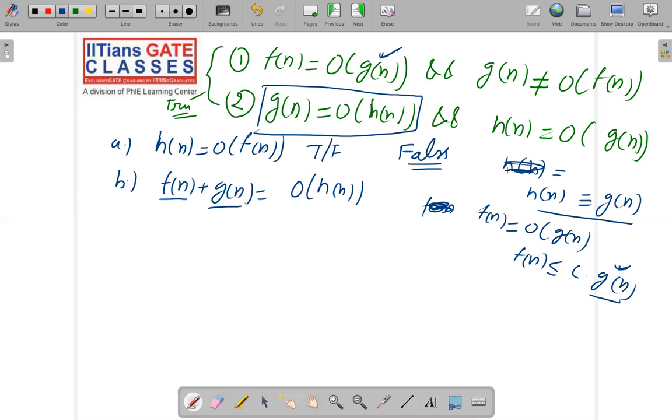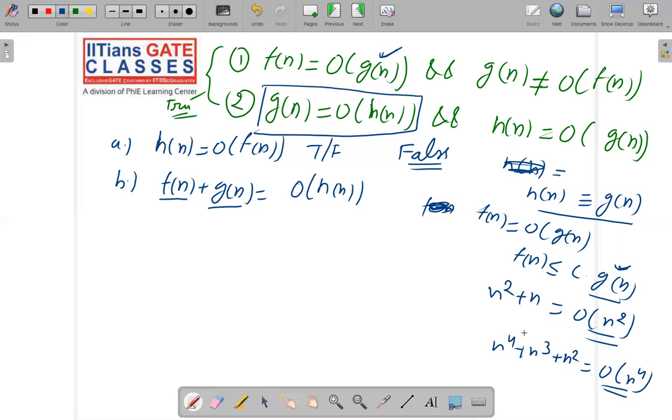Okay. So based on this condition that Gn equal to order of Hn, we can say that if we add these two, whenever addition happens, the more effective one can be taken. For example, as you have seen in the previous example, n square plus n can be written as order of n square. N4 plus n cube plus n square can be written as order of n4.